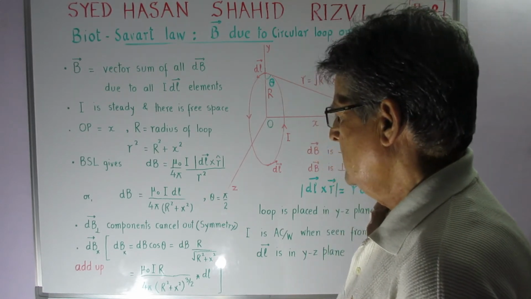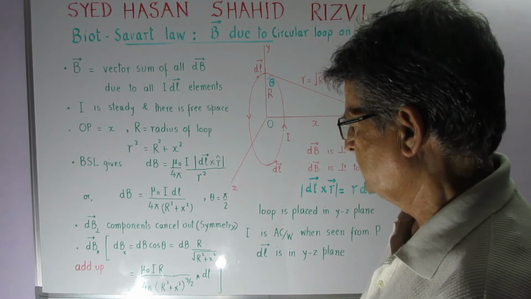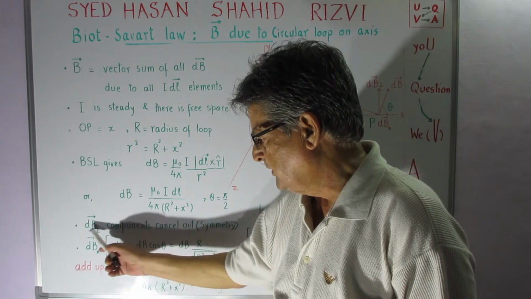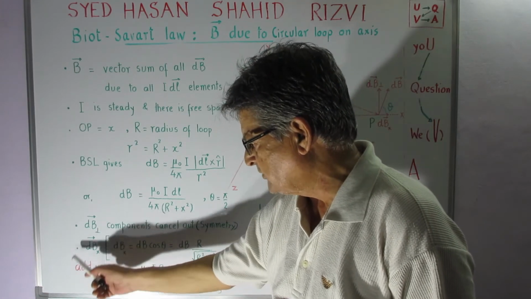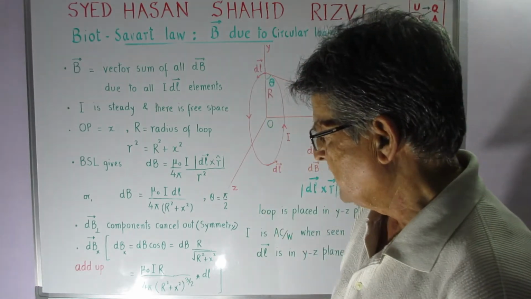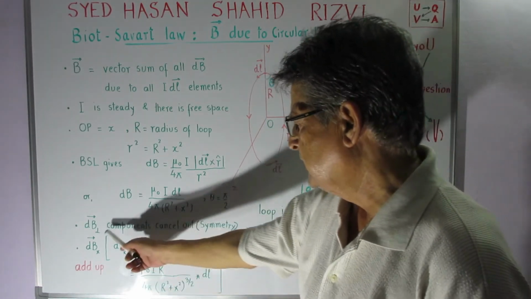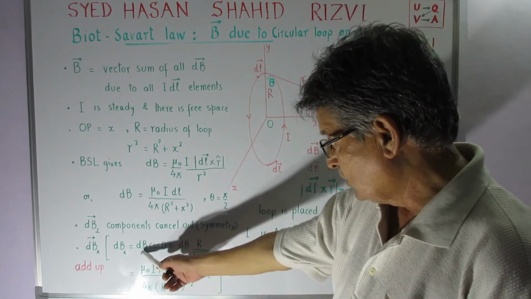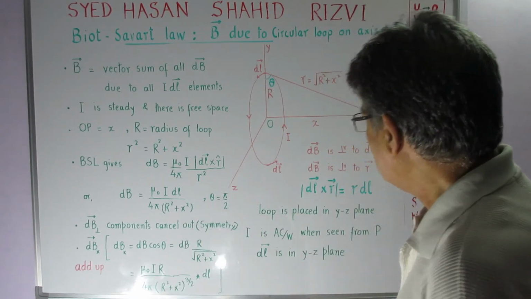Now all dBx elements will add up. They are in the same direction, so it will be a simple addition, simple summation, simple integration that we will carry out. And dBx is equal to dB cos theta.